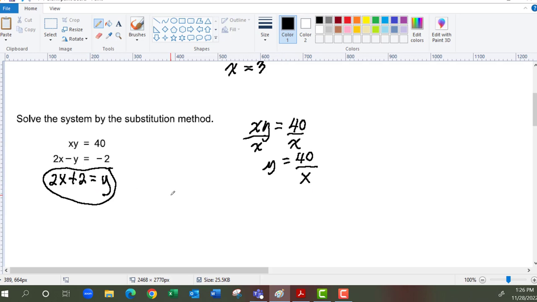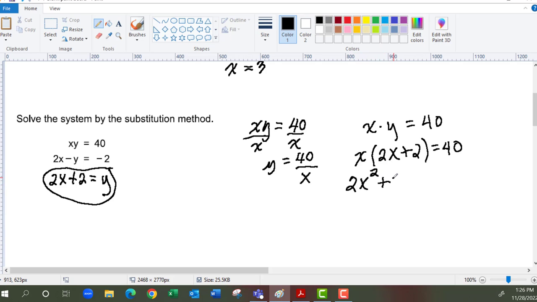So if x times y is 40, and y is equal to 2x plus 2, that's going to be 2x squared plus 2x minus 40 equals 0.